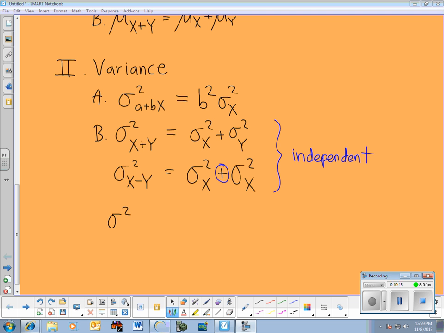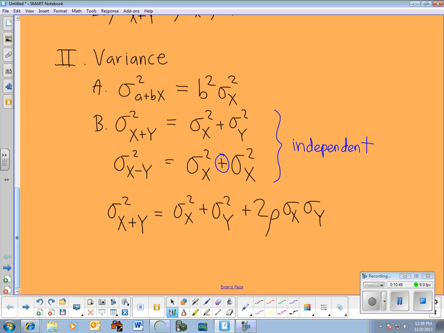If I'm adding two together, the variance of x plus y is going to be the variance of x plus the variance of y plus 2 rho, that's a little kind of lowercase p, but in Greek it's called a rho, times the standard deviation of x times the standard deviation of y. So if they are dependent, we have to throw this extra term on the end.